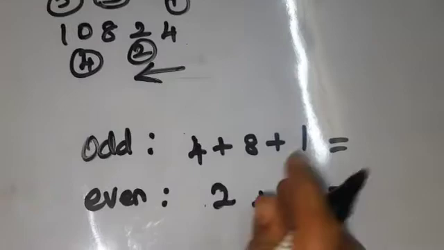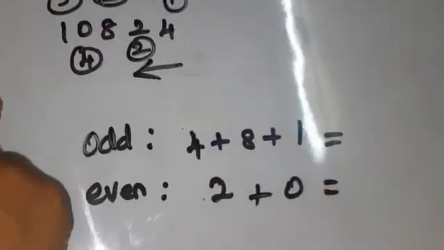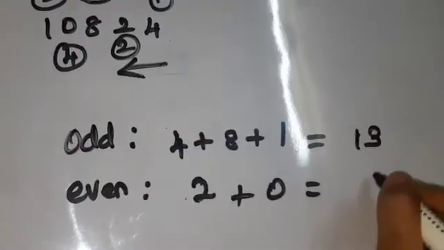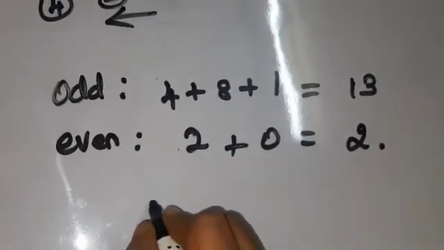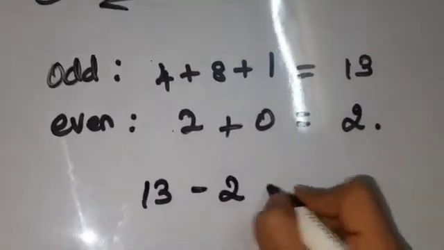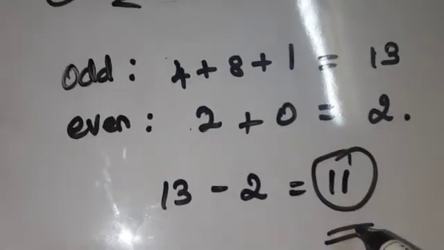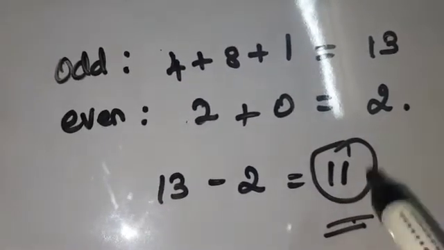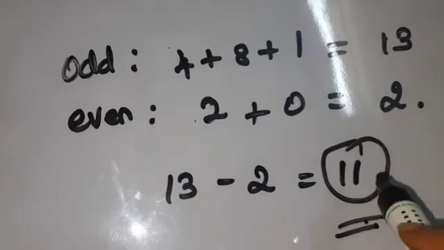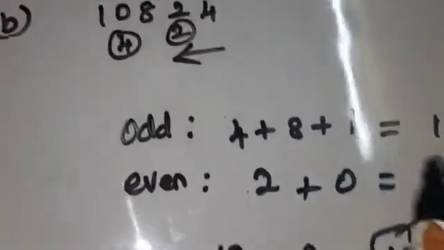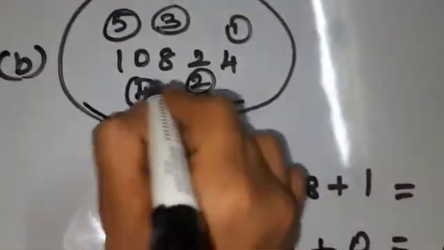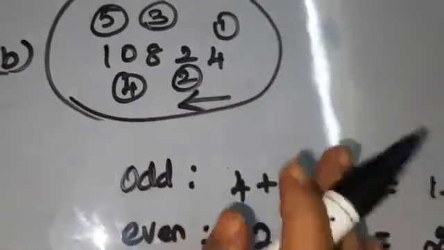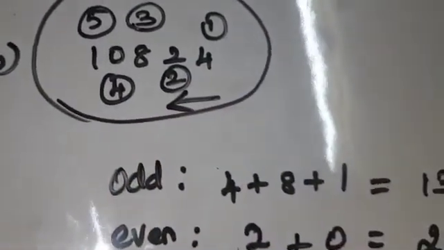The total of the odd digits is 13, and 2 plus 0 is 2. So 13 minus 2 equal to 11. If the result is 11 or 0 or a multiple of 11, then the number is divisible by 11. So the given number 10,824 is divisible by 11.